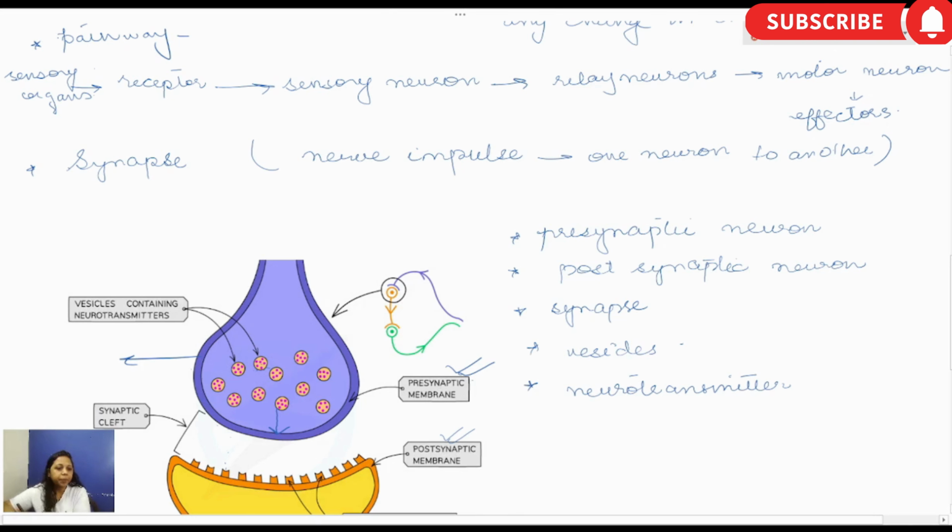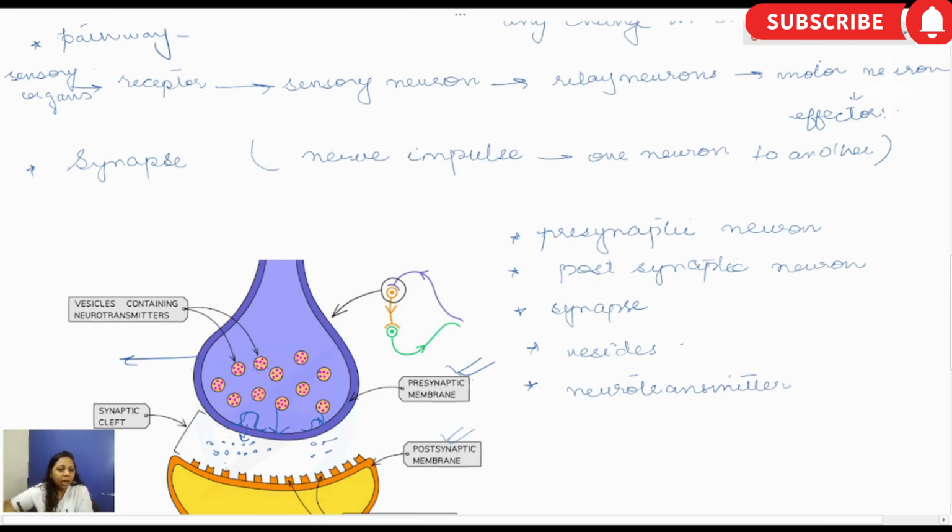Then it fuses with it like this, and these neurotransmitters are then released into the synaptic cleft. The vesicles remain inside, these get opened, and neurotransmitters get into the synaptic cleft.